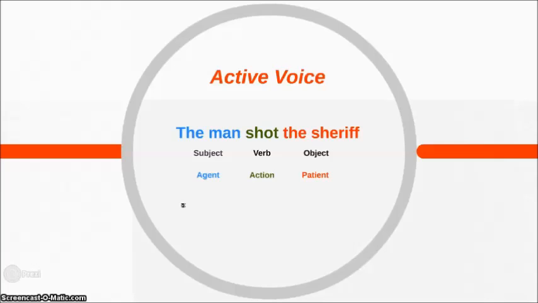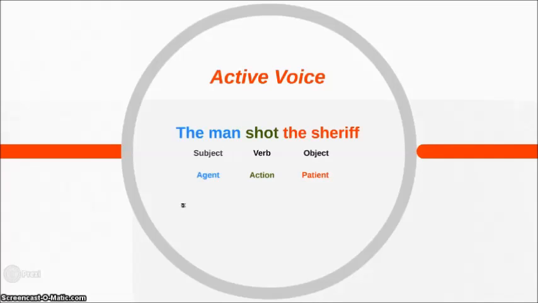The verb is shot, and the sheriff: the is the article and sheriff is the noun, so it is the object. So that's the syntax, but the pragmatics is agent, action, and patient. The man is an agent, shot is an action, and the sheriff is a patient.